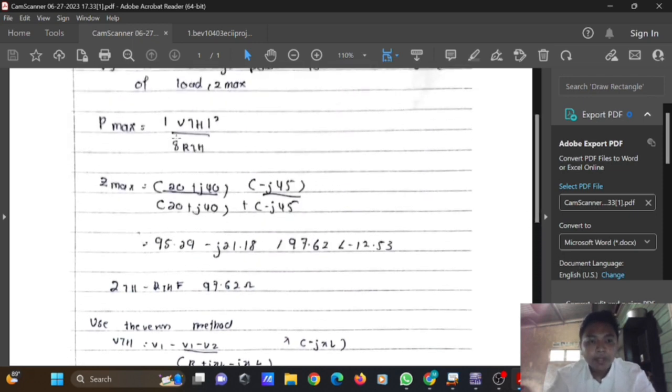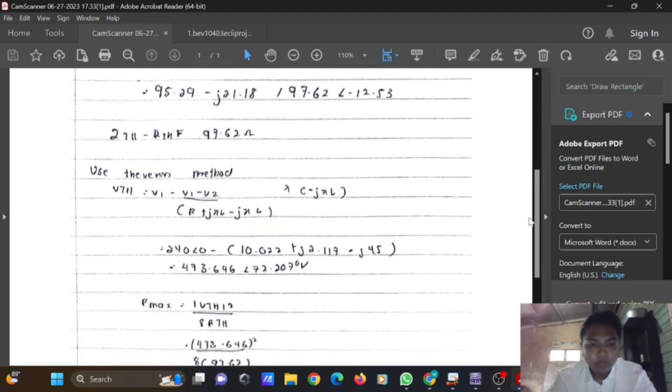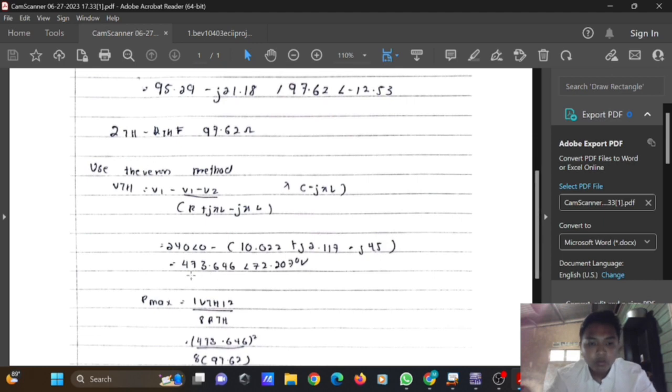So to find the Pmax, we use the formula VTH power of 2 divided by 8 RTH. First, we find the Zmax. So use this formula, and the value of Zmax is 95.29 minus j21.18. After that, we use the Thevenin method to find the VTH. So the value of VTH is 473.646 with the degree 72.207.